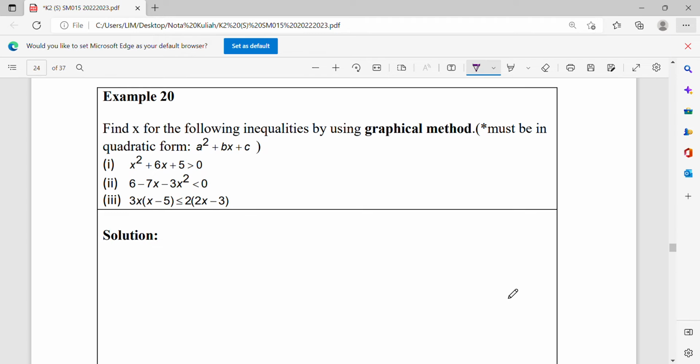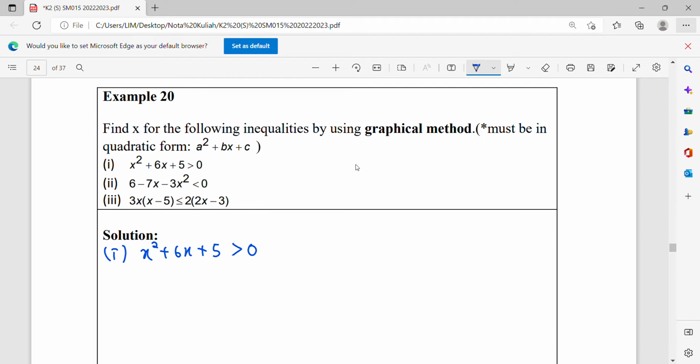So we look at our example here. Example 20. Find the x for the following inequalities by using graphical method. So the first one. Bear in mind when we're doing quadratic, we arrange. Make sure our quadratic is in general arrangement in order, which starts with x squared, then something x, then 5. At the right-hand side is 0.